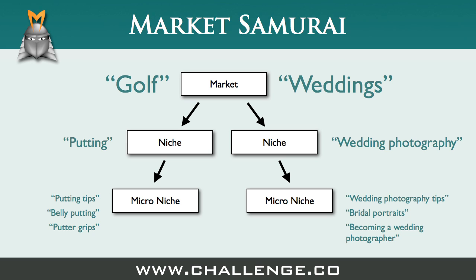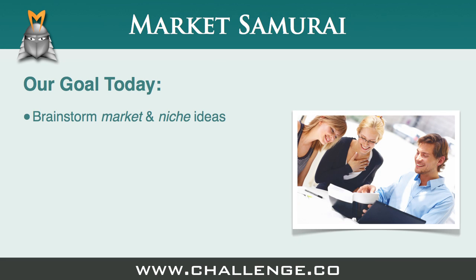At each step down, we step into smaller and more specific markets, meaning that there are fewer potential customers in a micro niche than in a niche or a market. But there are also fewer competitors, making a micro niche an attractive place for us to start a small online business. Our goal today is to brainstorm some market and niche ideas that we can delve deeper into later to discover some great micro niches.